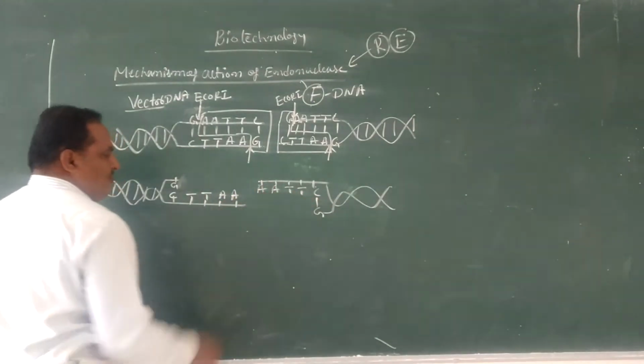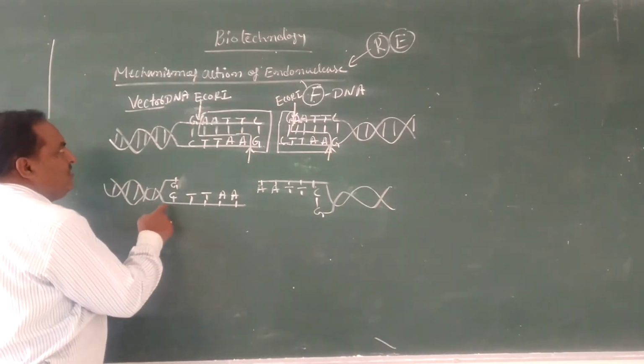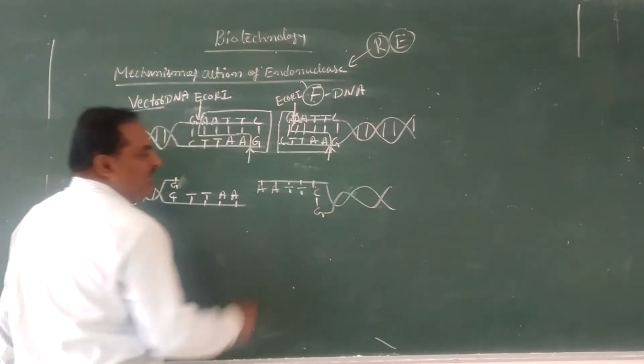These are overhanging DNA strands which are formed due to the activity of endonuclease or EcoR1. Here is the vector DNA and here is the foreign DNA.